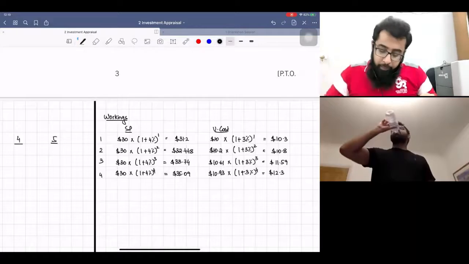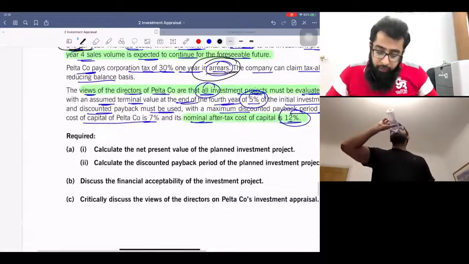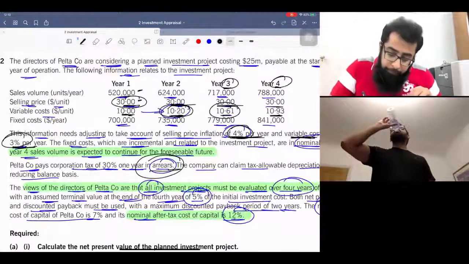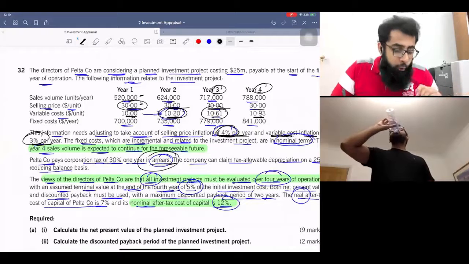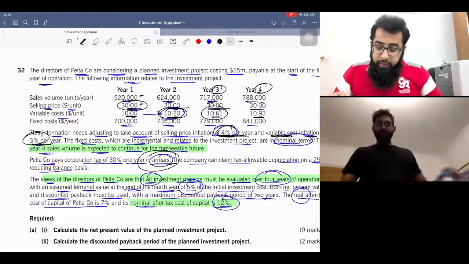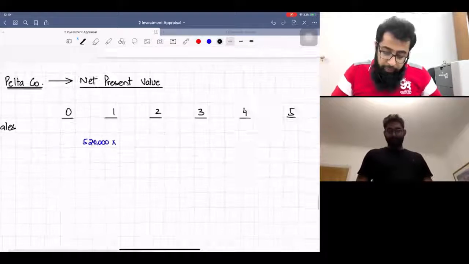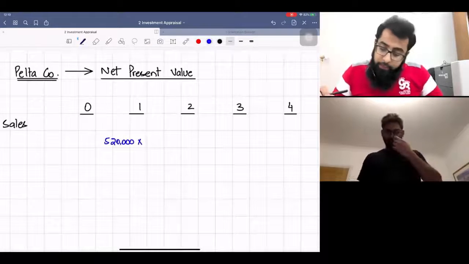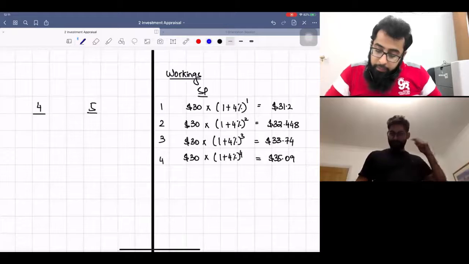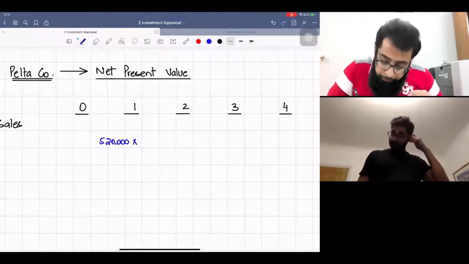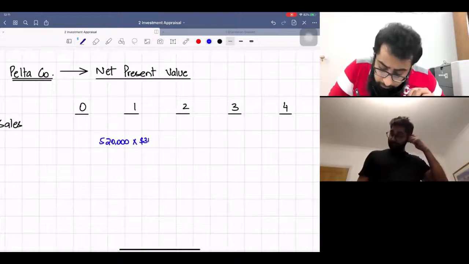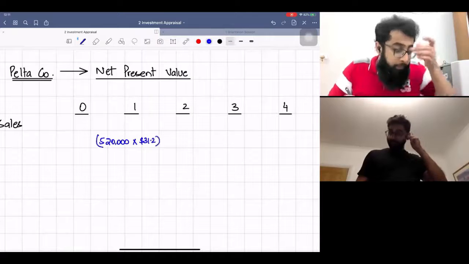Now, the number of units are 520, 624, 717, and 788. So 5,20,000 units multiplied by $31.2, which was the first year selling price.